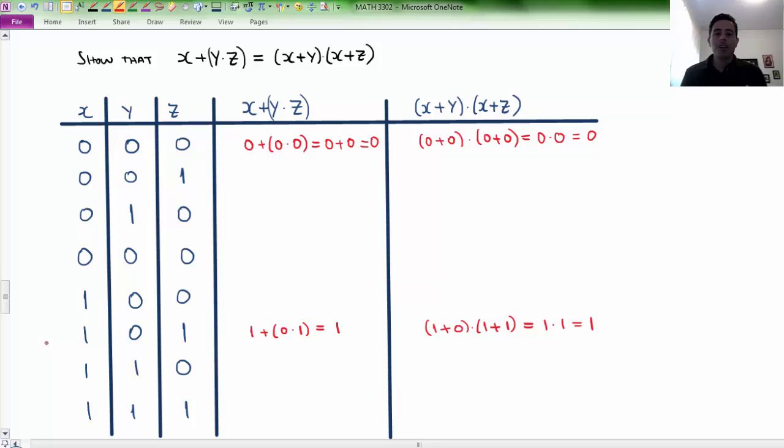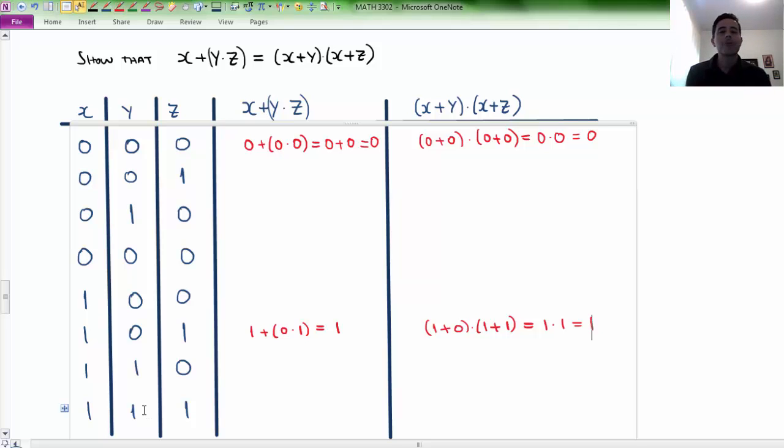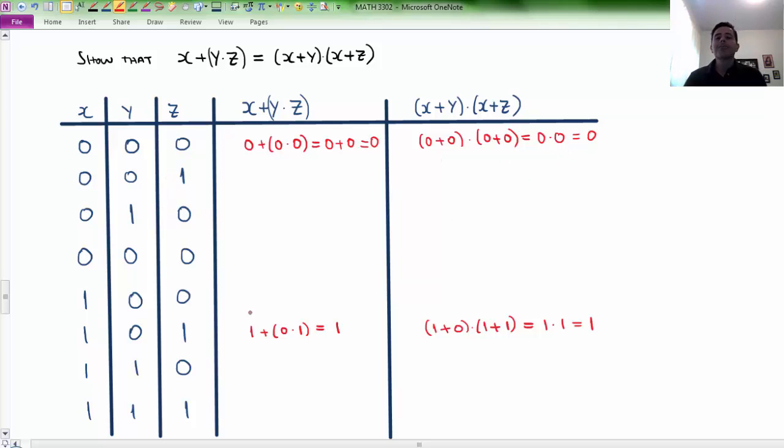Again, we can prove it this way because we only have a finite number of inputs, so we can check all the inputs. This strategy is not good for domains that are infinite, right?